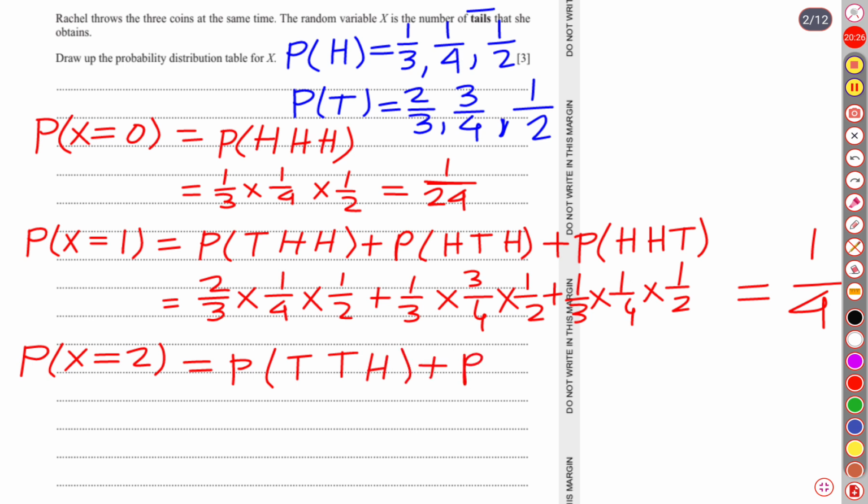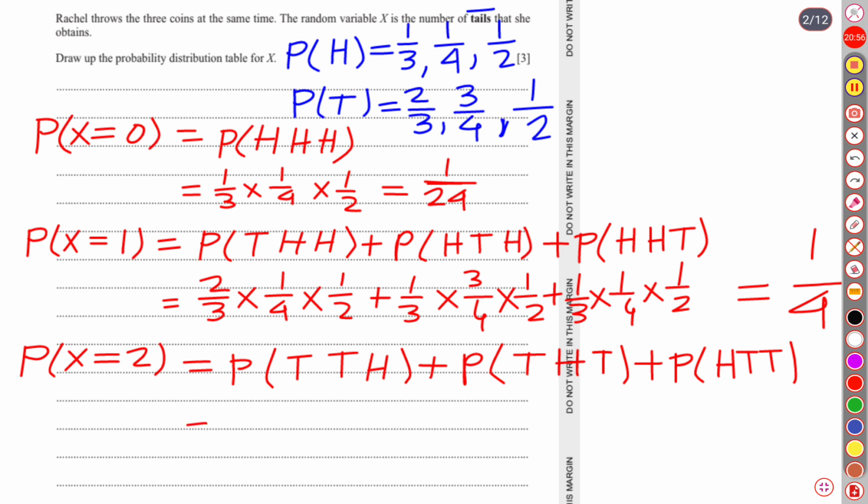Or first one is tail, second one is head, and third one is also tail. Or first one is head and last 2 are tail. So these are the possible 3 cases when there are 2 tails.